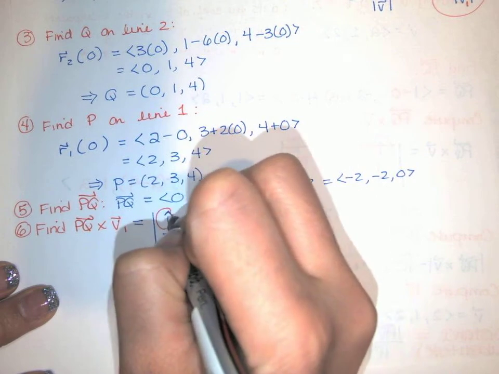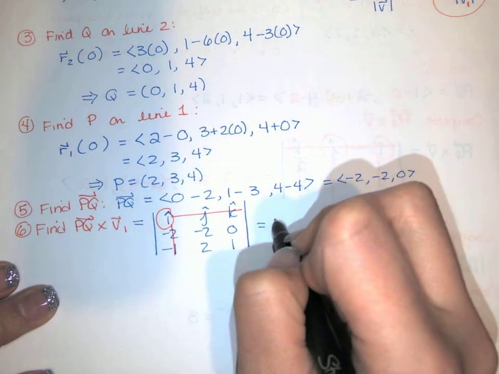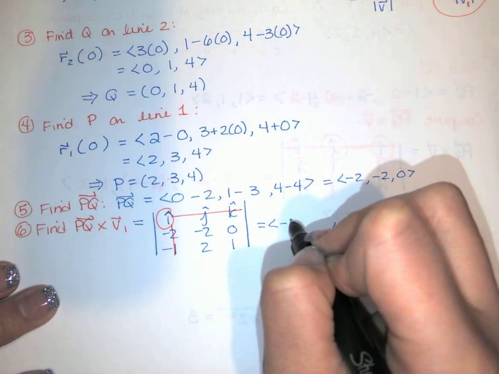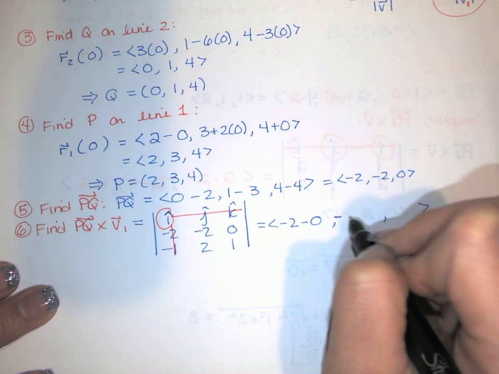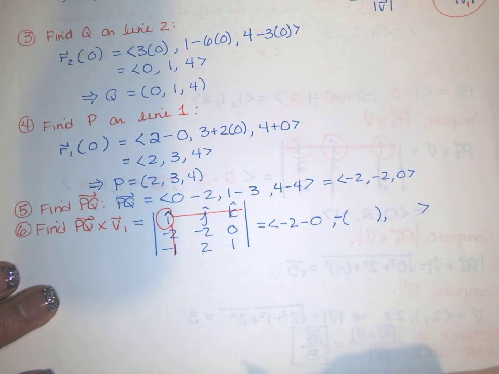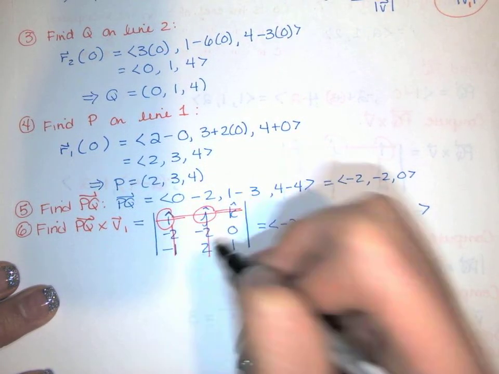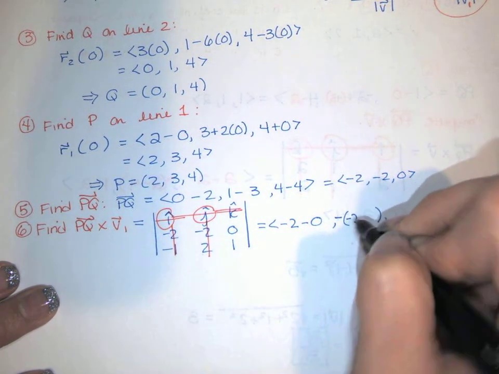Let me cross out the row and column containing i hat. Multiply, so that's -2. Multiply, that's 0, and subtract, minus for the y component. Cross out the row and column containing j hat. We're going to have -2, -0.